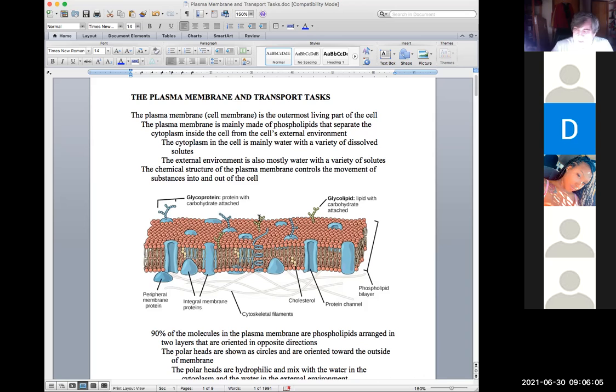So notice we see a lot of these little peach colored dots. And these peach colored dots represent the polar heads of those molecules that we've been talking about for a few days, the phospholipids. So these polar heads are hydrophilic, they mix with water. And the reason they're polar and hydrophilic, this is where the oxygens in the phosphate group of the phospholipid are found.